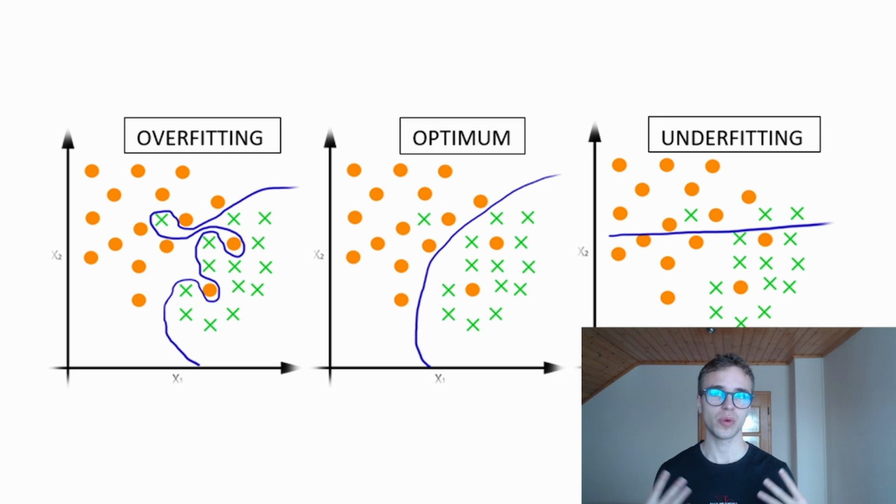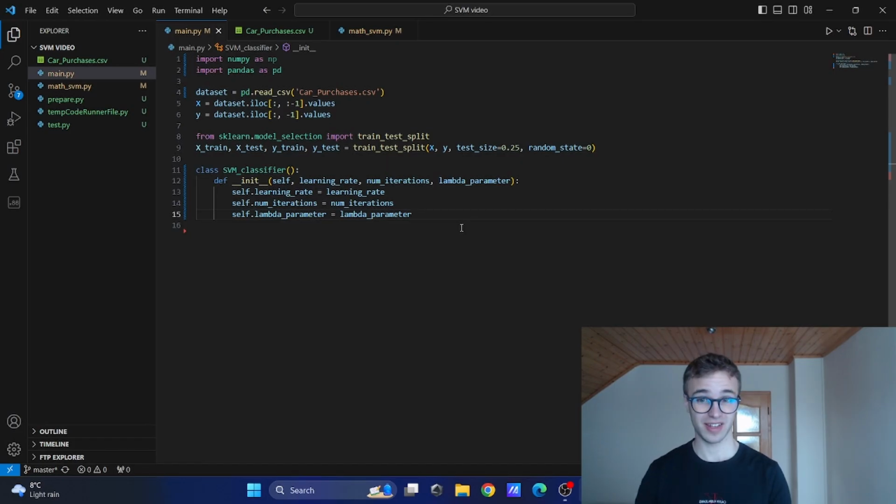But we also don't want to put a big value into our lambda parameter because it will underfit the training set, and then it will only decide on the last values like this, and it won't generalize on the real-world data. It will perform even worse than the overfitting one. So the lambda parameter will help us find the optimum line in the middle. I cannot test this right now because it won't do anything. We need to wait until the end.